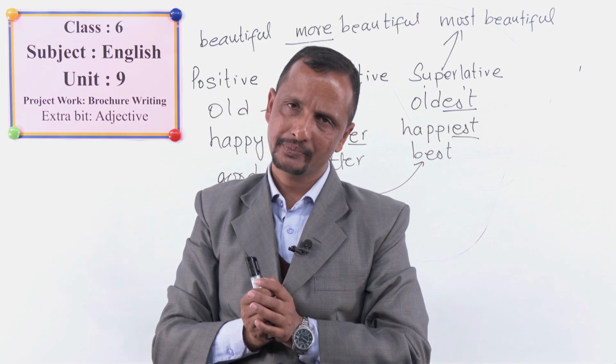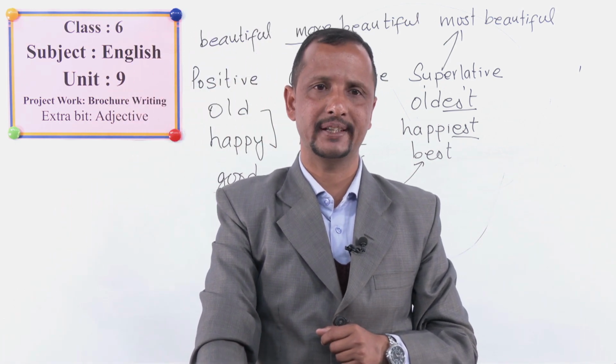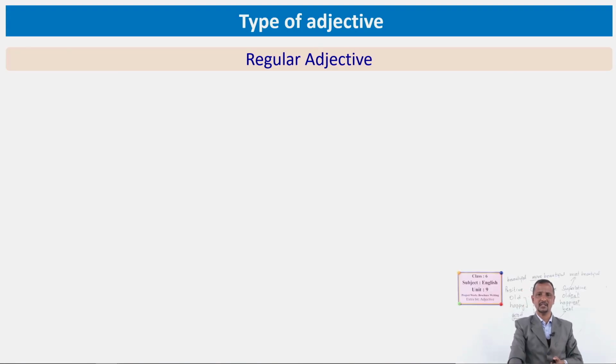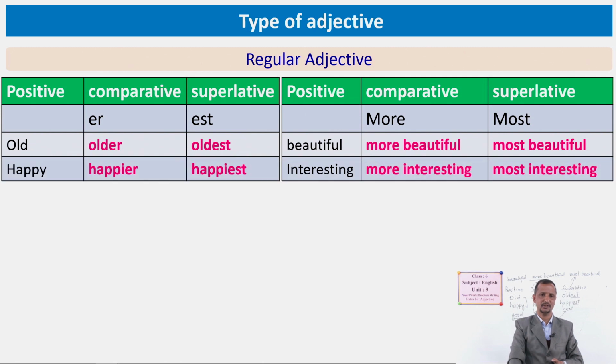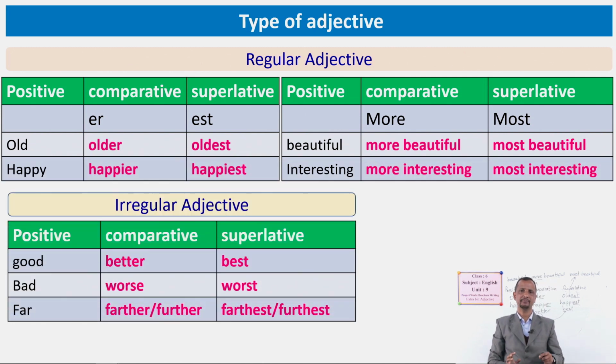Okay. So dear student, you can see over here positive, comparative and superlative. Actually, there are two types of adjective: regular adjective and irregular adjective.